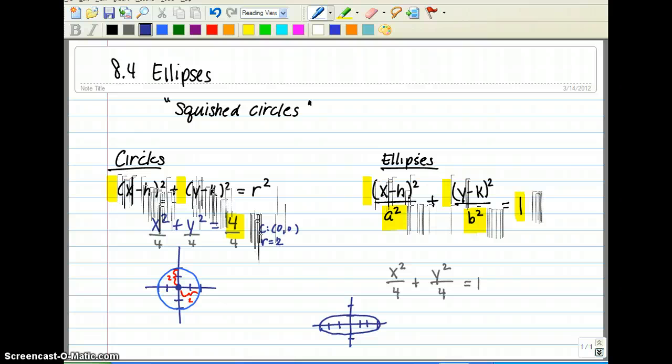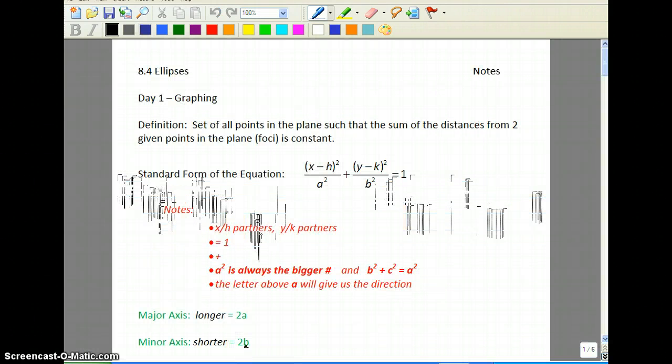All right, let's take a look at some of the definitions in the notes page. Okay, again, the definition is a set of all points in a plane for which the sum of the distances from two given points, called foci, which are focuses, plural, is constant. So once you have the picture, we can talk about that definition.